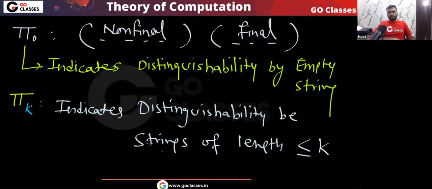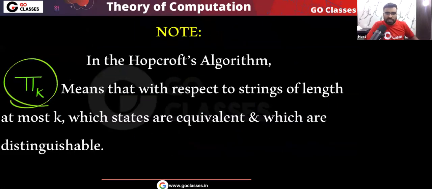Is this clear? So remember, pi 0 indicates distinguishability by empty string. Pi k indicates distinguishability by strings of length at most k. So pi k indicates, with respect to strings of length at most k, which states are distinguishable and which are equivalent.